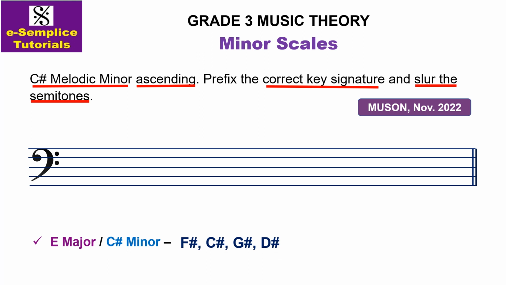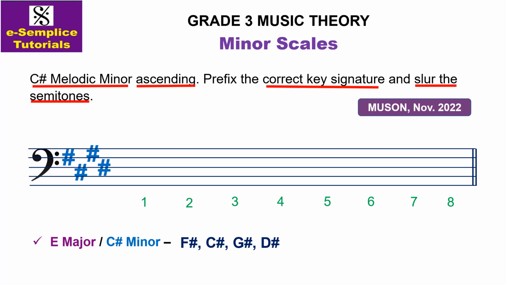Let's just go ahead and show that. We have to prefix the key signature. So F sharp first, C sharp next, G sharp, and then D sharp. Remember, this is supposed to be an ascending scale, so the degrees will go from 1 to 8.